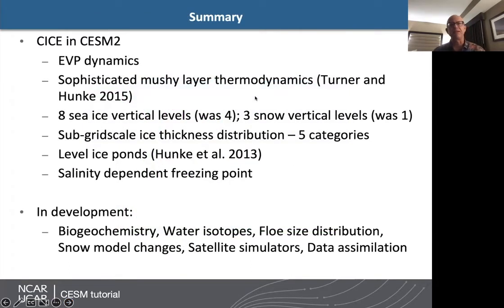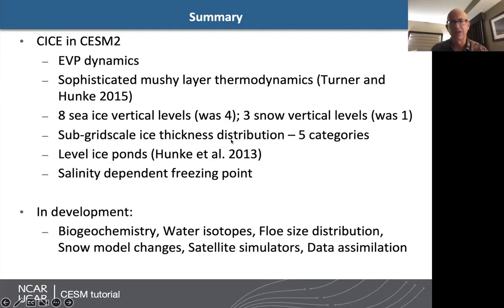So the basic summary I wanted to get to here, because I do have some science things I wanted to talk about, is that right now we have CICE 5.1.2 and CESM2 has this EVP dynamics, this sophisticated mushy layer thermodynamic scheme, which I didn't get into too much, but we've got 8 sea ice vertical levels and 3 snow vertical levels.